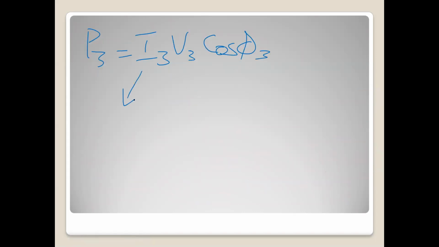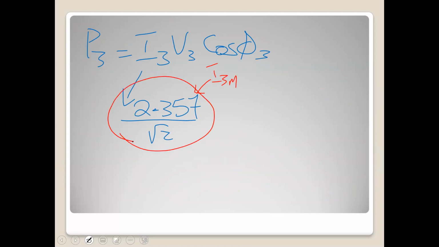Good. So it's 2.357. No, you want it divided by root 2, because this represents I3M. All right, this is I3M, but this is I3.